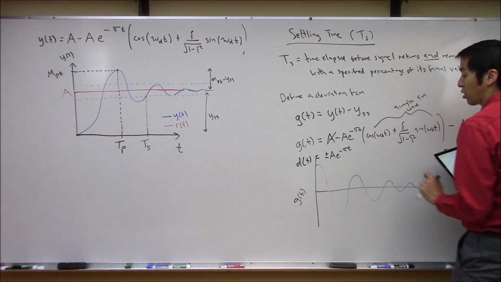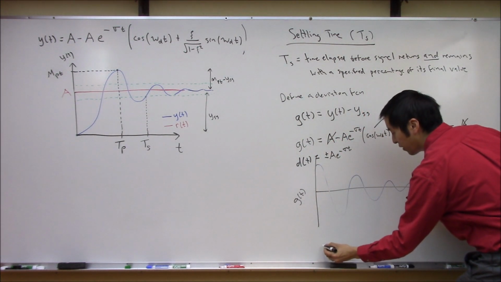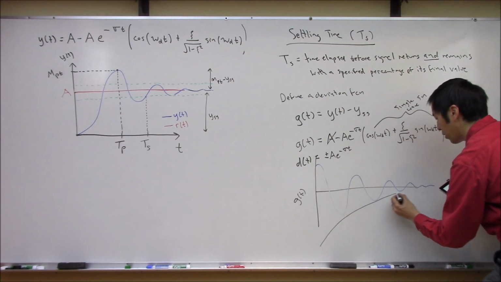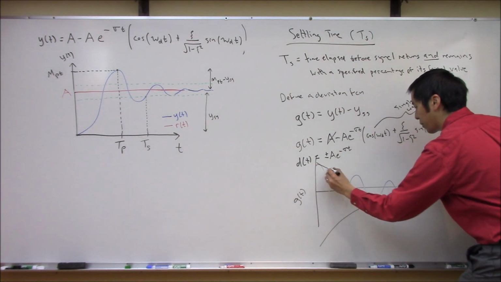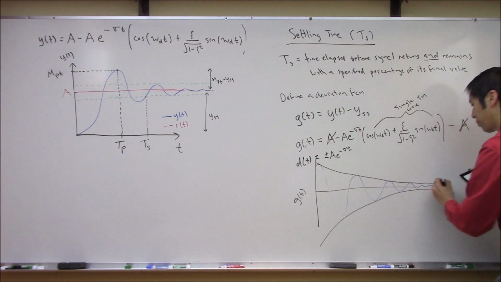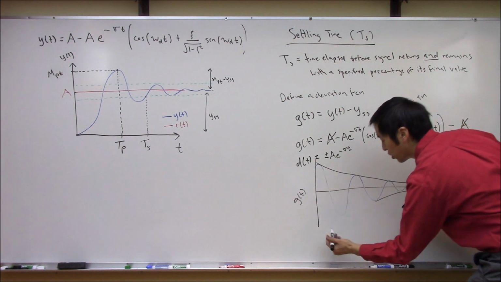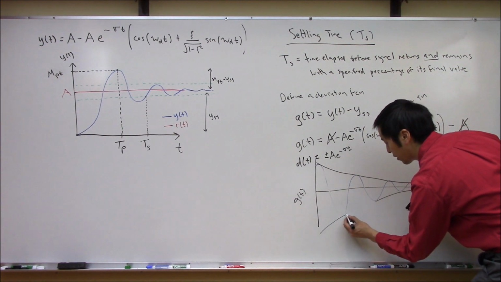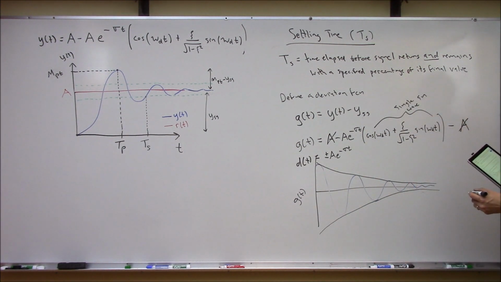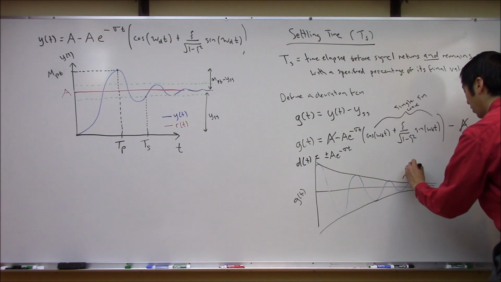It's just this coefficient right here. What that gives you is this envelope. I'm not drawing this exactly the way it should be, but the bottom one should touch this thing. There, that's a little bit better. So the black here is d of t.